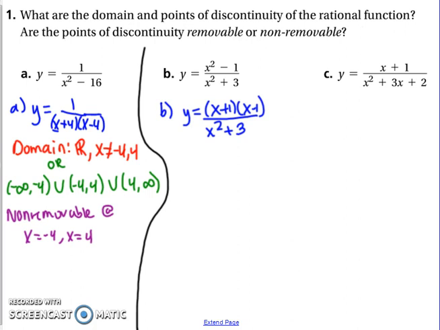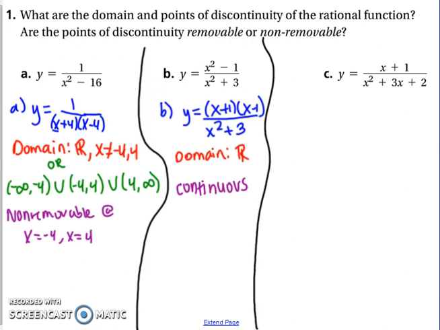So this is a continuous function. So my domain is going to be all real numbers, since there is no restriction. And this function doesn't have any points of discontinuity, so it's just a continuous function.